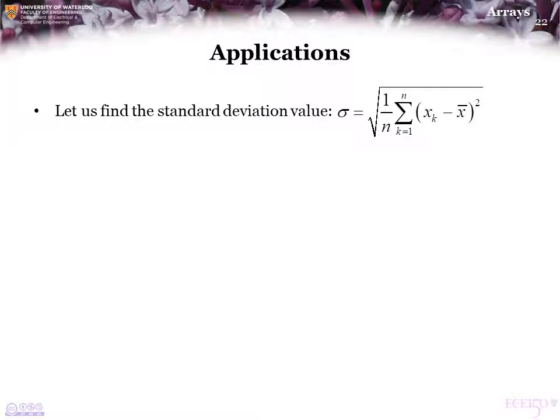If I have n entries, x1 through xn, what I do is I calculate (x1 minus the average value) all squared plus (x2 minus the average value) all squared, and so on and so forth for every single entry I'm calculating the standard deviation for. Having calculated this sum, I divide the result by n and then take the square root.